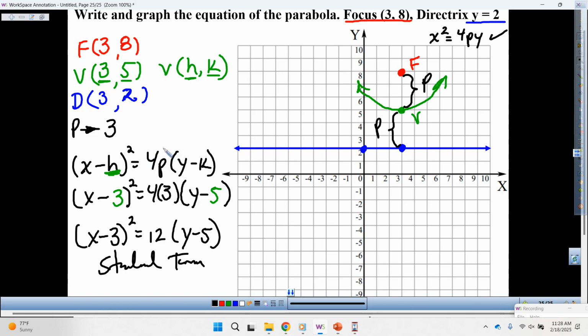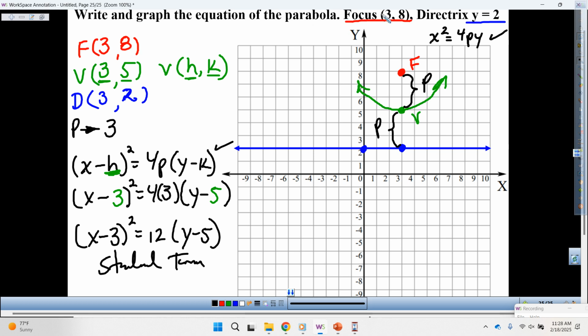We transformed it to this equation. From there, we gathered all the information that we need. We need a focus, a vertex, which is the lowest point or the highest point of the parabola, a directrix point, and the P, which is the distance from point to point.